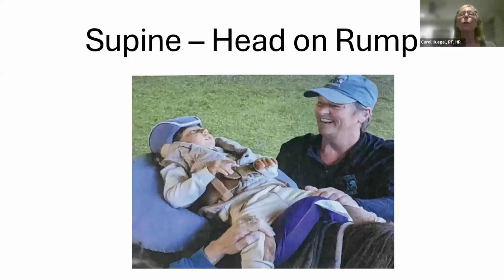And then there's supine, with the head on the rump. And this is a picture that I took from our manual. And so you can see in this picture that there's a lot of equipment on.